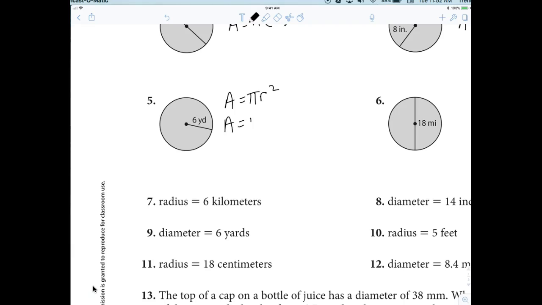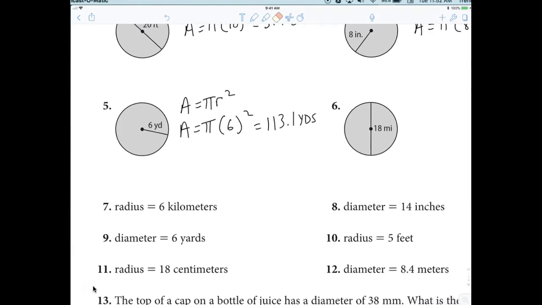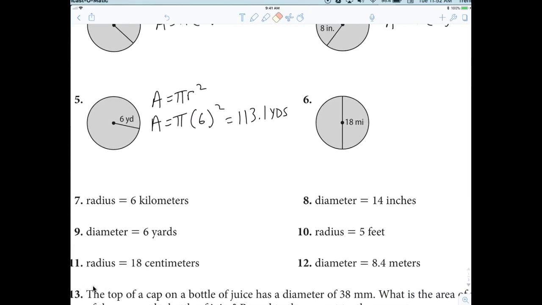A equals pi times 6 to the second power. And then? And that will equal 113.1 yards squared. Everybody agree with that or not? Does everybody agree that's not hard?